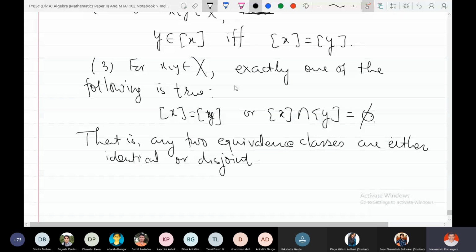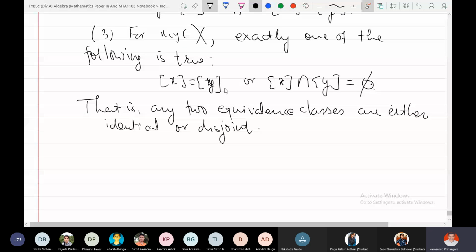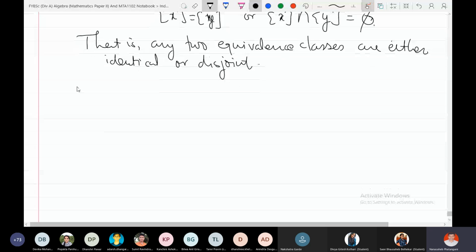Do you observe these things? Yes, sir. Right. And this is true in general. In general means whatever X and whatever equivalence relation, this is going to happen every time. So let us try to see the proof of these things.